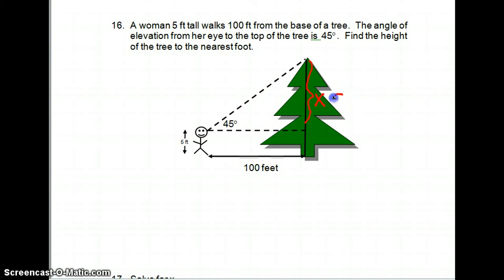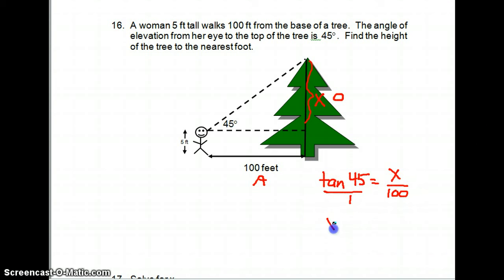So we've got opposite, and we've got adjacent, so we're going to use tangent. So let's say tangent of 45 equals opposite x over adjacent 100.